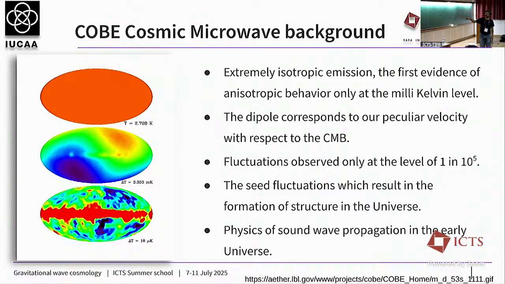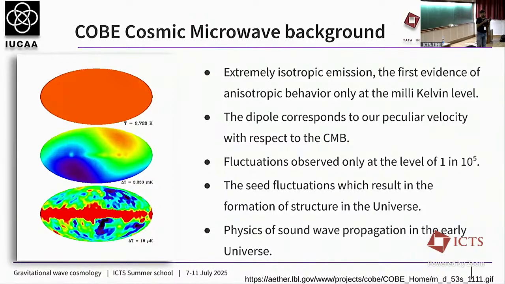And this one was also expected. This is because our own galaxy is not sitting still at that co-moving coordinate grid that we had talked about. It is also moving, because there are other galaxies and potentials nearby which cause it to move around. So it's its own peculiar velocity which causes this dipole.